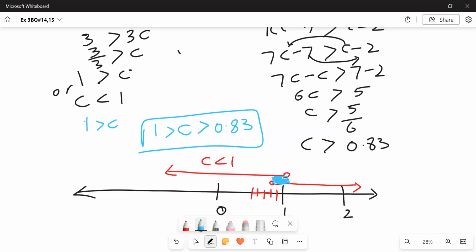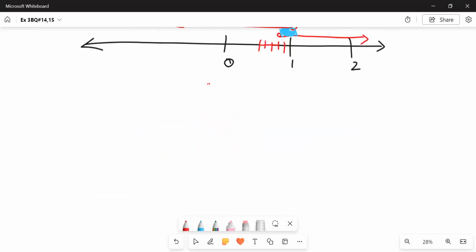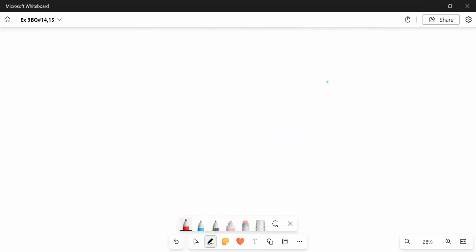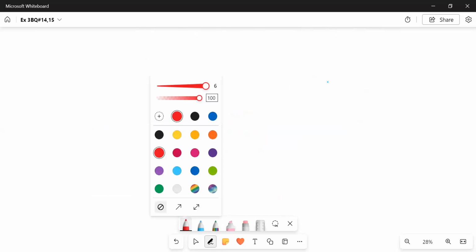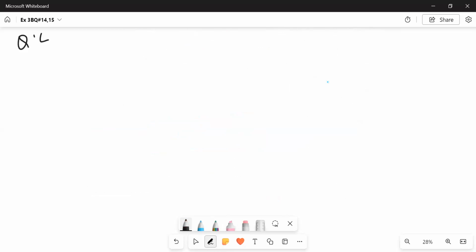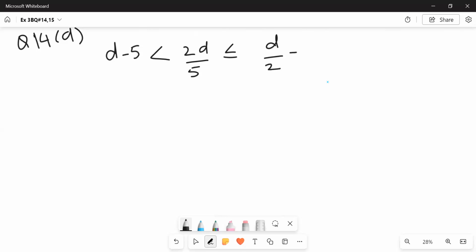Now the B part, that is D minus 5 lesser than 2D over 5 and less than or equal to D over 2 plus 1 over 5.